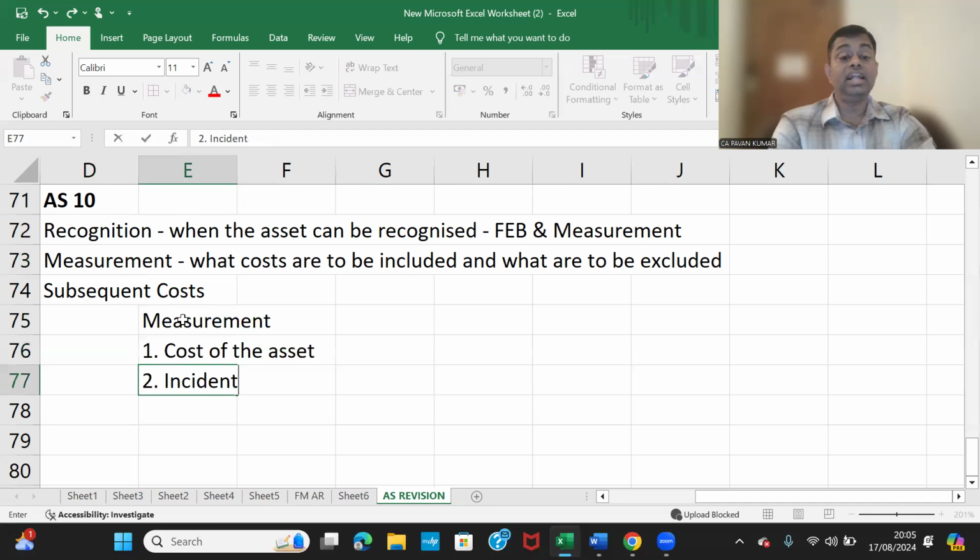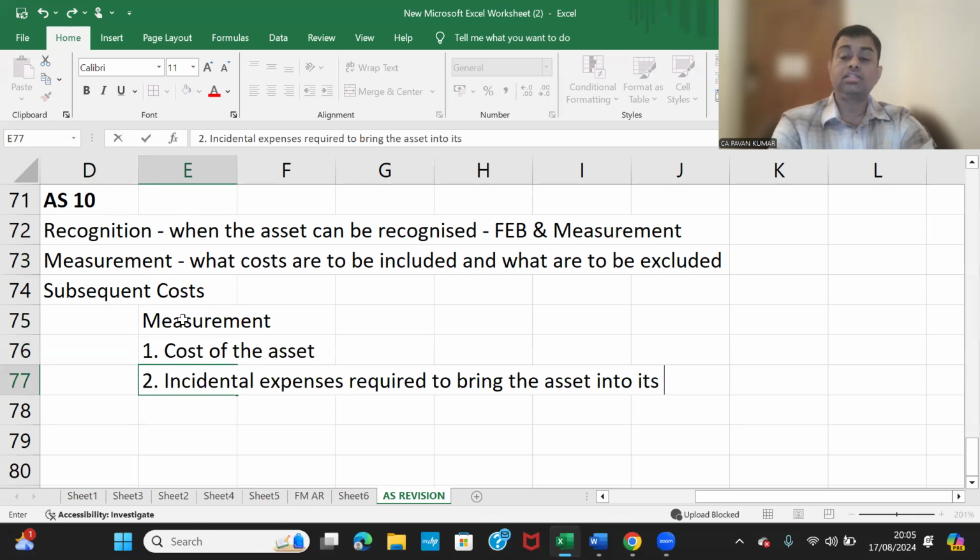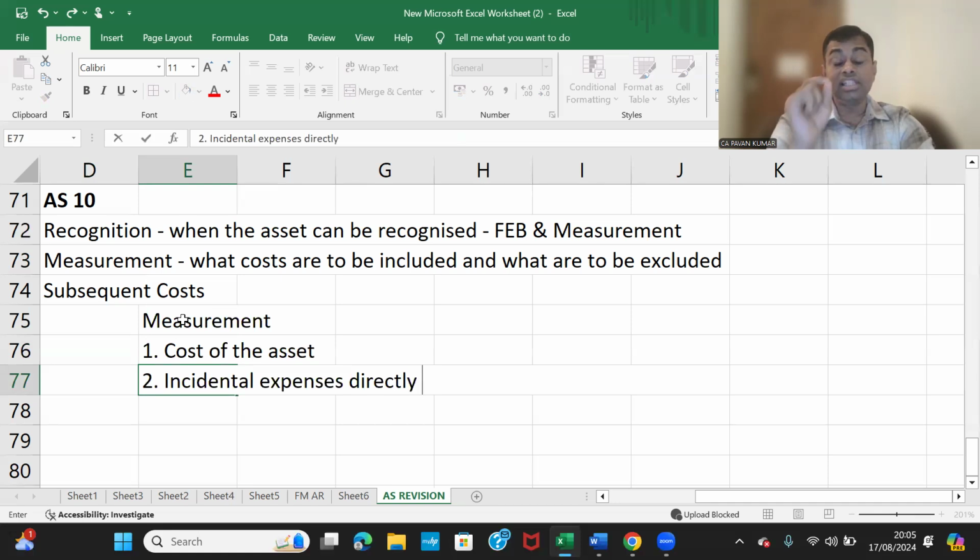Two, incidental expenses required to bring the asset into its location and condition, usable, or you can say incidental expenses directly attributable to. This is the phrase used in the revised standard.